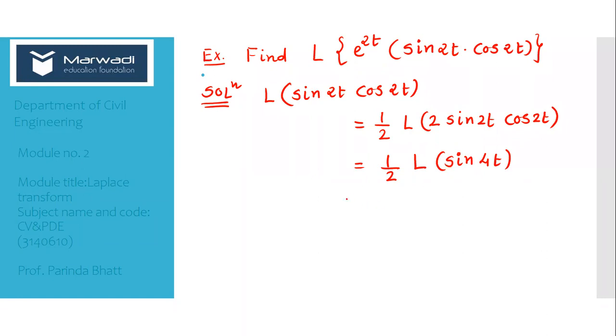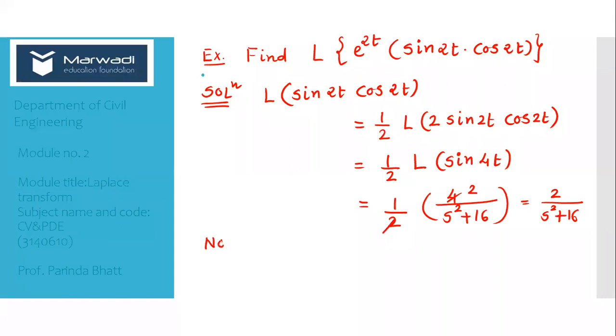Okay, we know that. Now, first we apply the Laplace transform. For the sine function, the constant term goes into the numerator, 4, divided by s square plus 4 square, meaning 16. Okay, and the 2 and 2 cancel out. Therefore, 2 upon s square plus 16. This is the answer for sine 2t cos 2t.